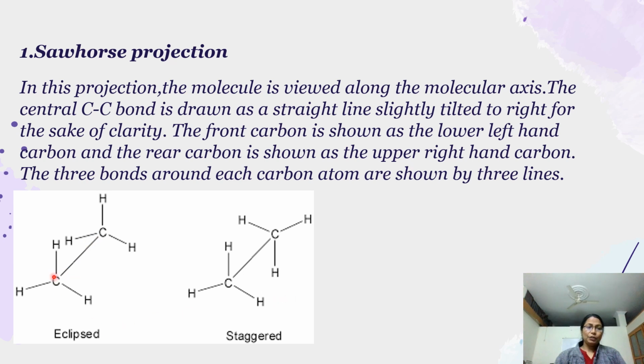Eclipse में आपका जो bonds है ये CH bond जो होता है फर्स्ट कार्बन यानी फ्रंट कार्बन का और CH bond जो रेयर कार्बन का है वो दोनों एक दूसरे के बहुत ही नजदीक होते हैं तो इनमें रिपल्शन की चांस ज्यादा होती है. और स्टैगर्ड के अंदर ये बॉन्ड आप देख सकते हैं दे आर फार अपार्ट और रिपल्शन जो होता है वो इनमें कम होता है.